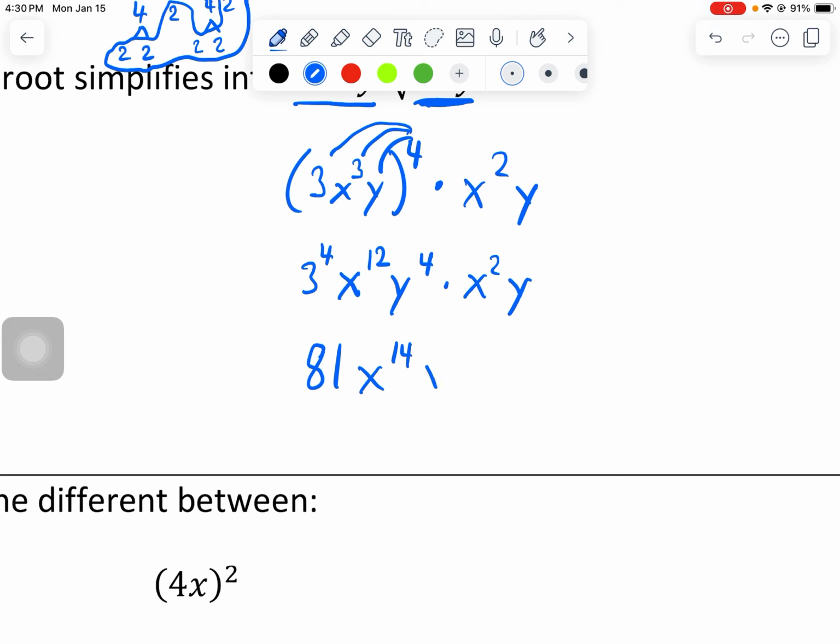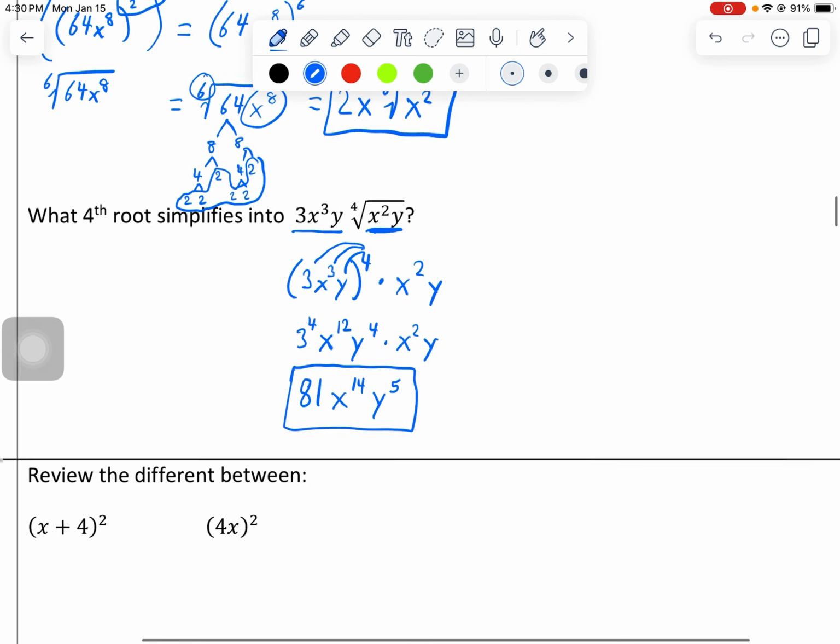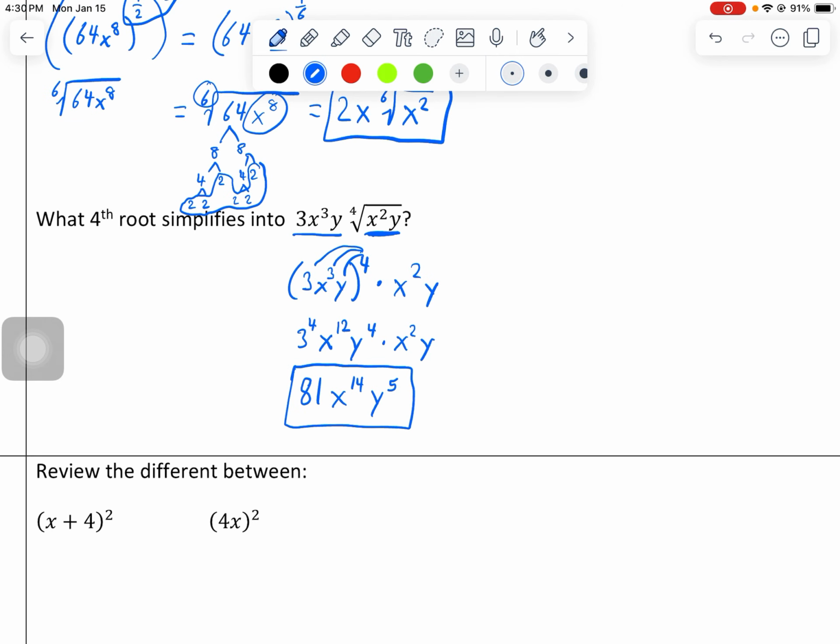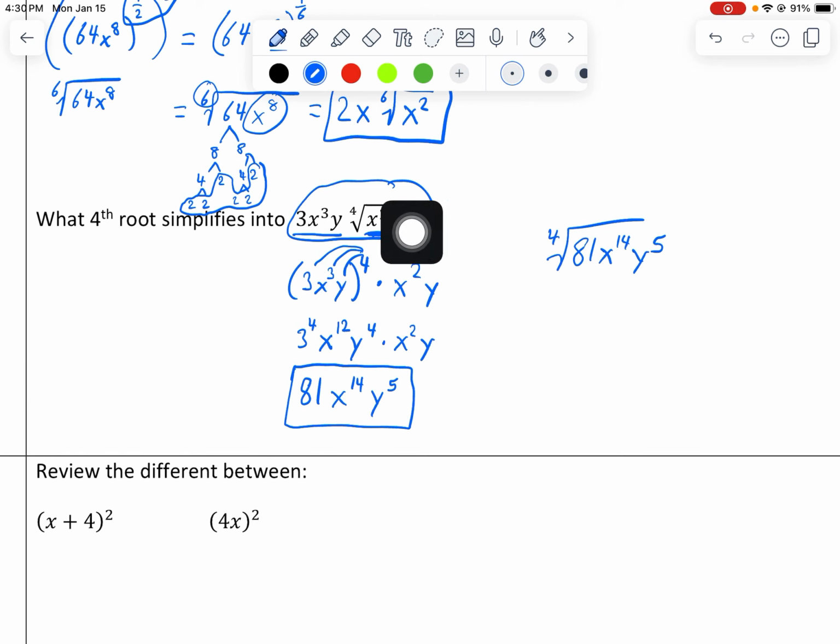And then we would have y to the 4th times y, which would be y to the 5th power. So this is our answer here. That's what would reduce into this radical. If you're struggling with that idea, you can go ahead and take the 4th root of this whole thing, and you should get the same answer as what we started with here, if you wanted to double check that.